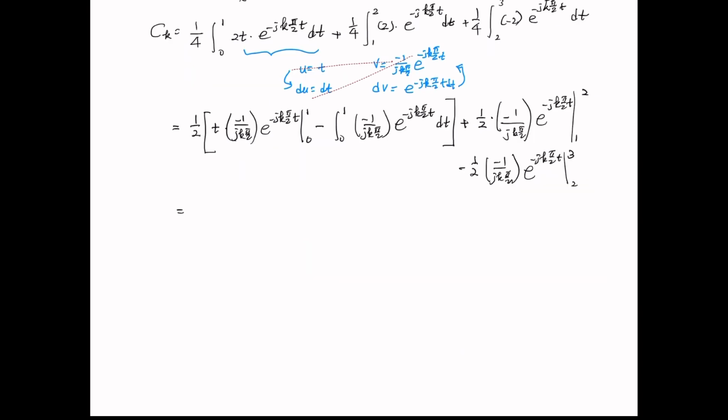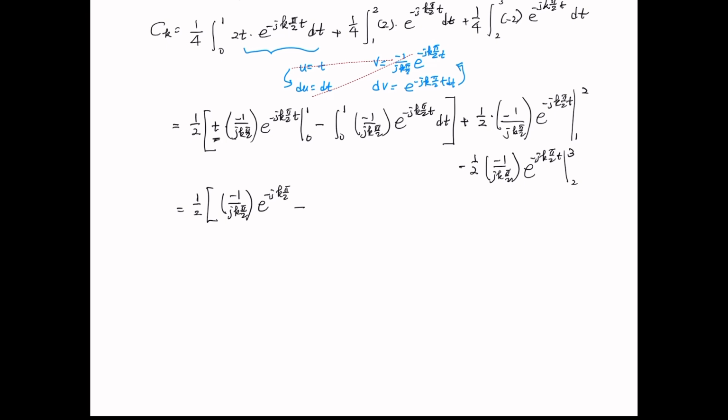Now that equals, we have a 1 over 2 in the front, and we're going to plug in 1. Then we have 1 over jk pi over 2 e to the negative jk pi over 2, minus, when you plug in 0, e to the negative jk pi over 2 times 0 will give us 1. However, we have a t in front of it, so it's going to be 0.